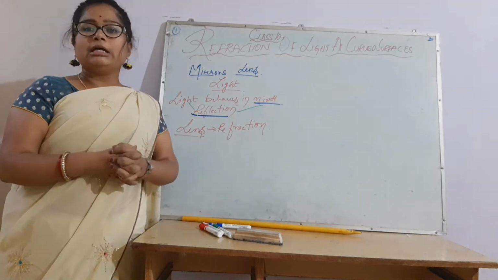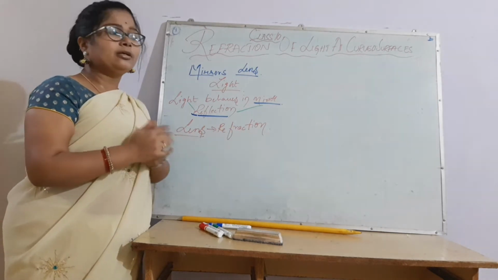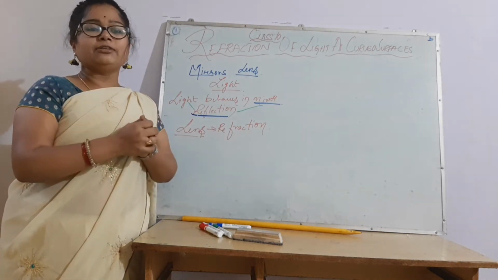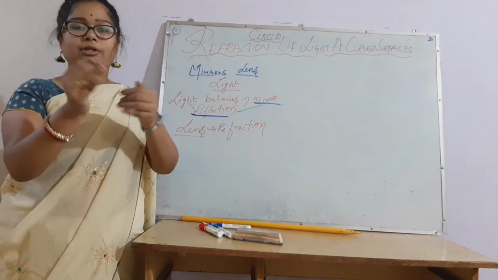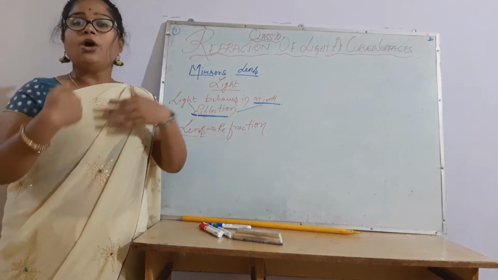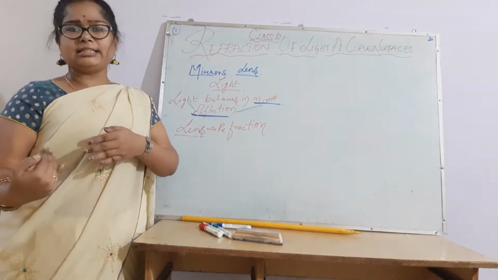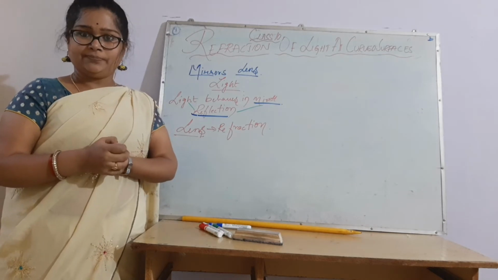But in refraction, light passes from one medium to another, let us suppose from gases to solids, or solids to gases or liquids, and we see how the light behaves.